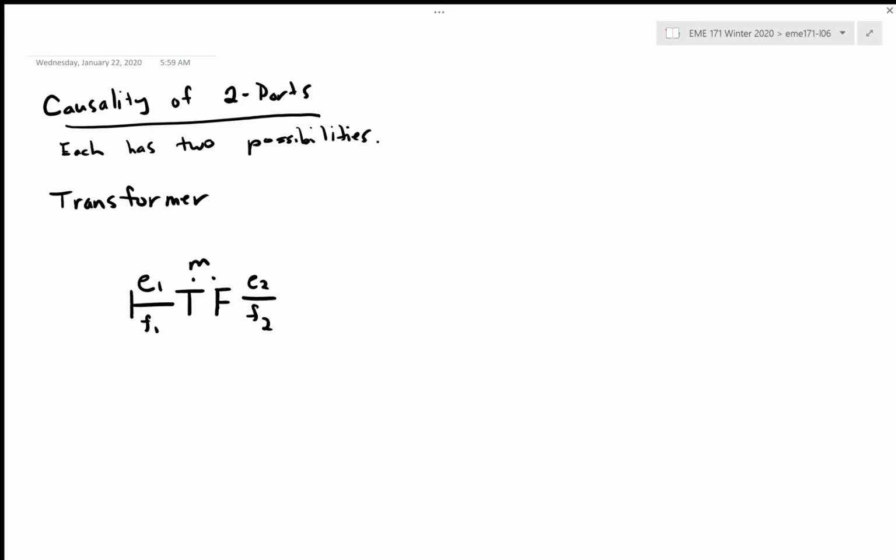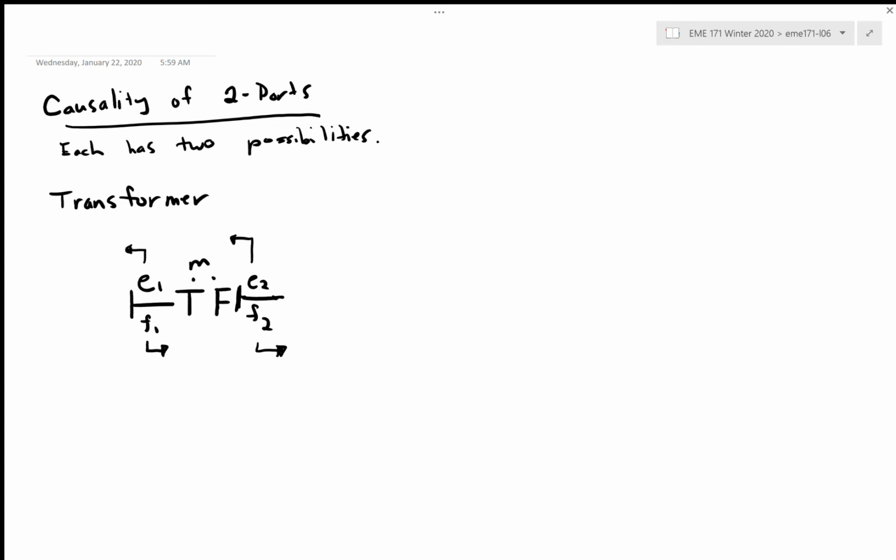So for the transformer, if I apply a causal stroke on the left side, like so, that means that the flow then is the input here to that transformer, and the effort on the left-hand side would be an output. For the transformer, I have to apply then also on the left-hand side the causal stroke for the 2 side, which sets this up such that the flow is the output of the transformer, like so.